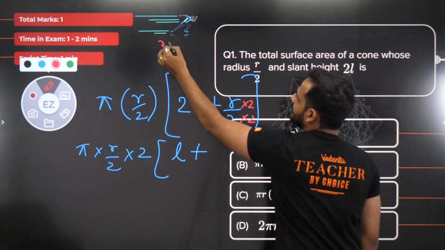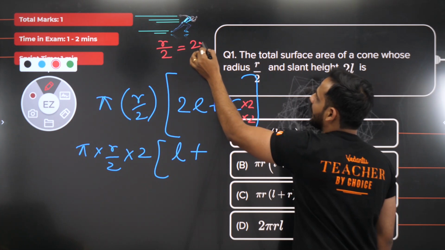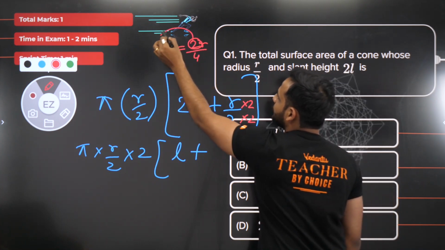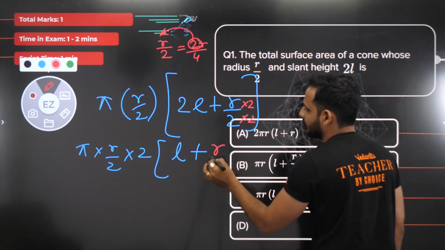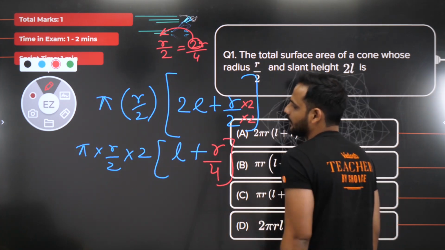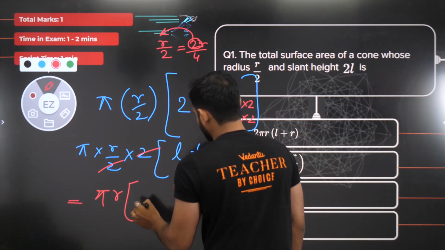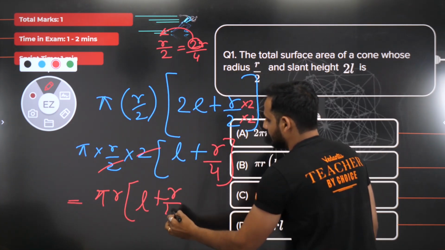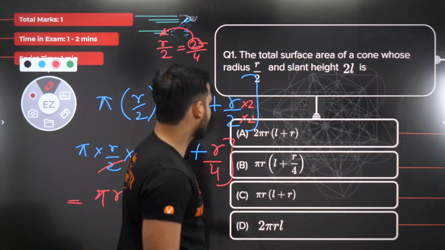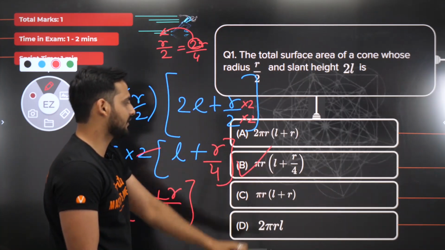So I will multiply and divide by 2. Then r by 2 can be written as 2r by 4, so if I take this 2 outside, I am left with r by 4 only. Now this 2 and this 2 got cancelled, so you are left with pi r into (l plus r by 4). That means the correct answer is pi r into (l plus r by 4).